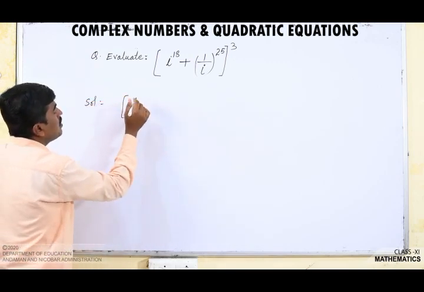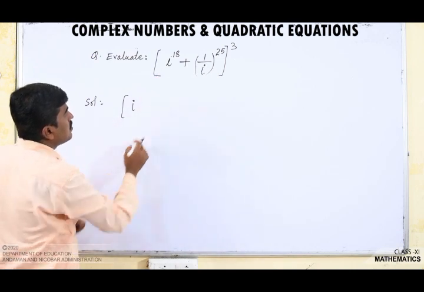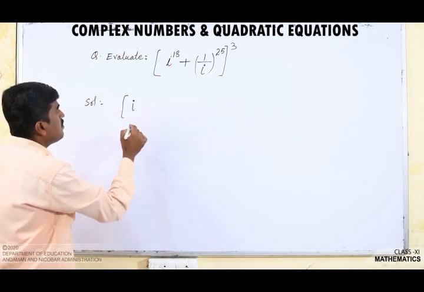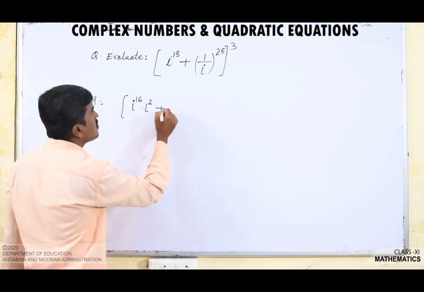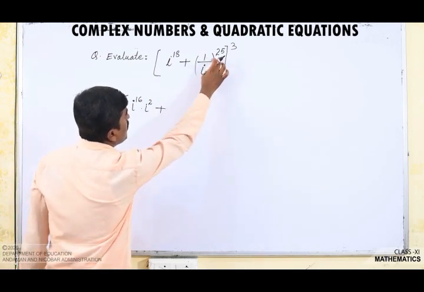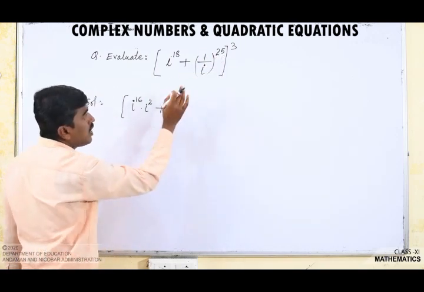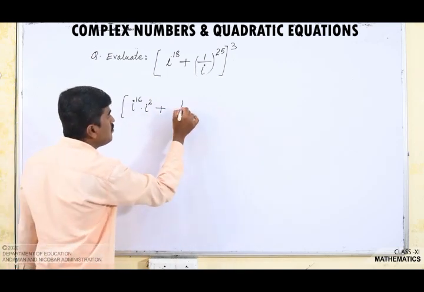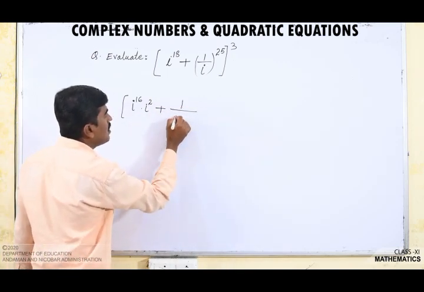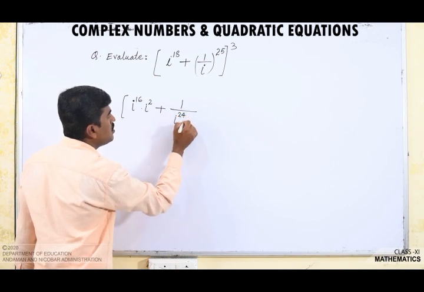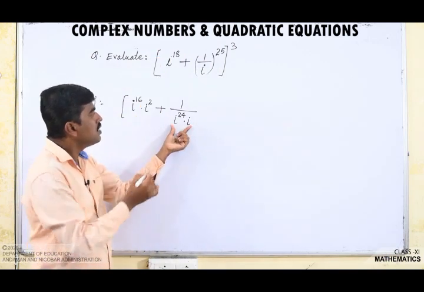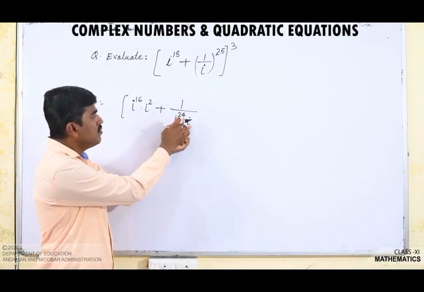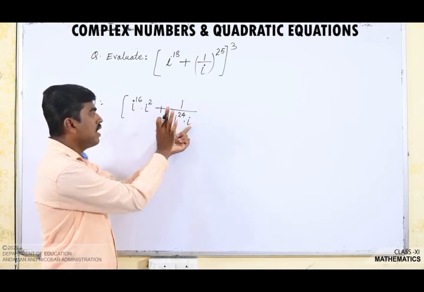First of all, i power 18 can be written as i power 16 into i square, plus 1 upon i power 25. It can be written as 1 upon i power 24 into i.